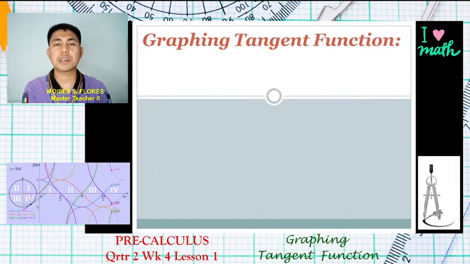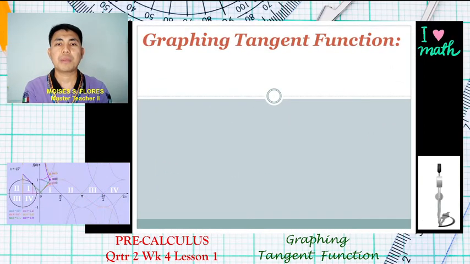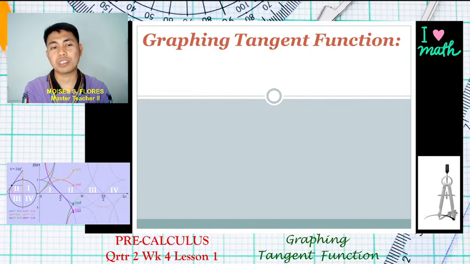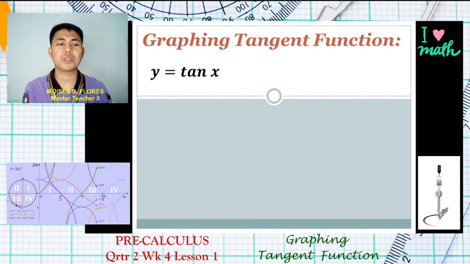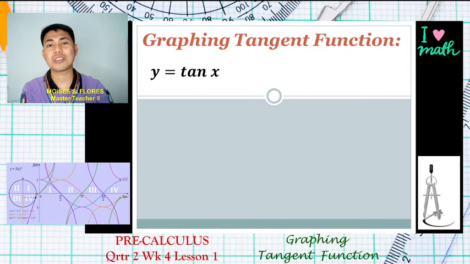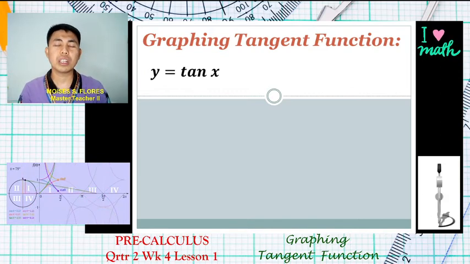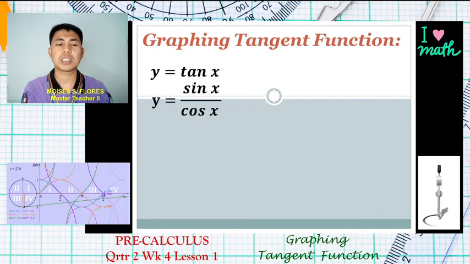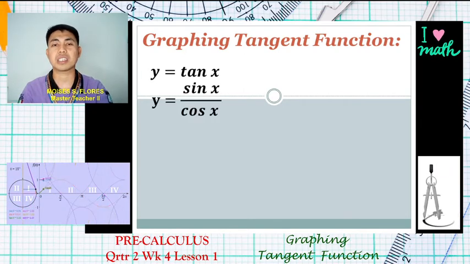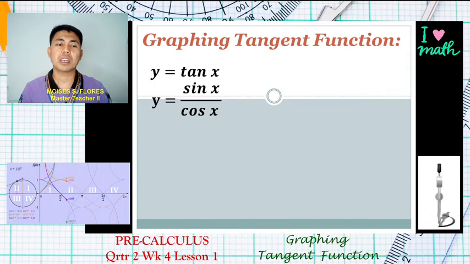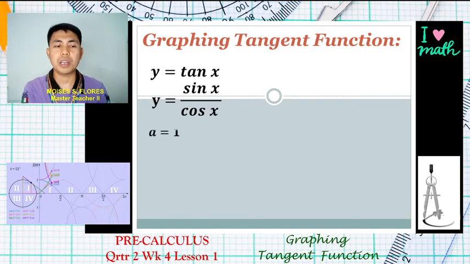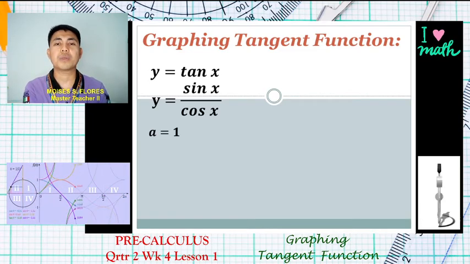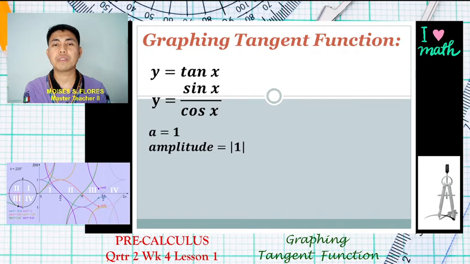Let's have first our parent function, the original function, which is y equals tangent x. So how would we show that? Recall also that when we write tangent x, we have the value which is sine x over cosine x. Once we identify the values of a and b, our a here is 1, and that's why our amplitude is the absolute value of 1.